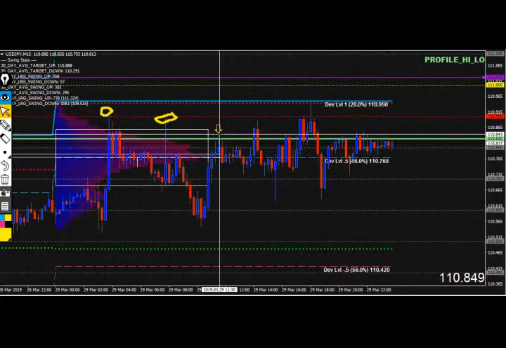Okay, I'm in somewhere like this, and I see this base over here. All of these wicks around this area, around this number right here, which is like 110.70. Now, could it have gotten down here?